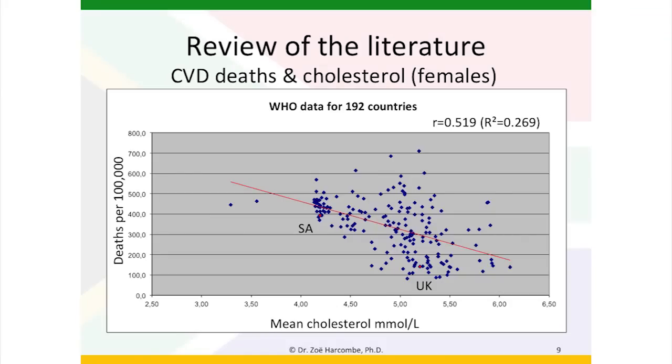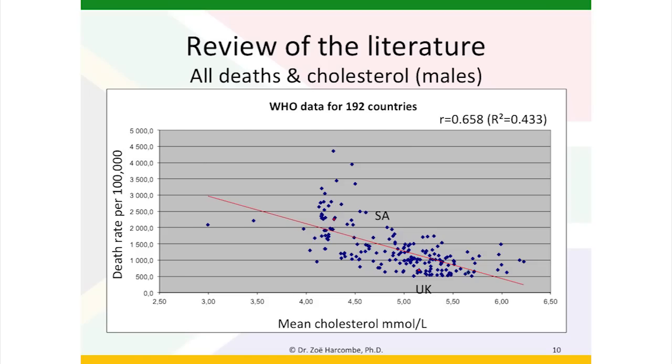If we now look at cardiovascular disease deaths and blood cholesterol levels in females, the relationship gets quite a bit stronger. We now have an R of 0.5 and an R squared of 0.269, and the downwards trend is much stronger. We now look at all deaths, all-cause mortality and blood cholesterol levels in males, and the downwards trend gets stronger still.